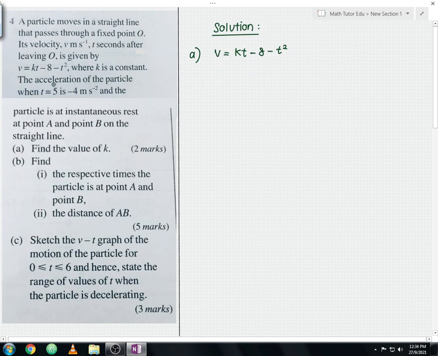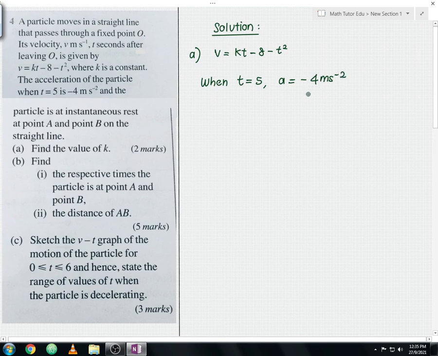It mentioned that the acceleration of the particle when t equals 5 is negative 4 meter per second square. So let us include this statement into our working here. So when t equals 5, your acceleration is equal to negative 4 meter per second square.